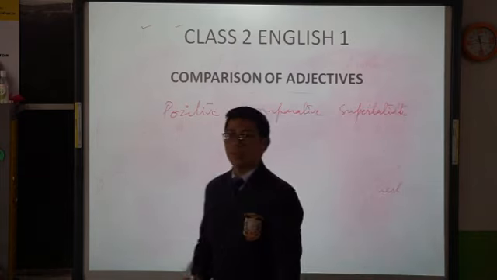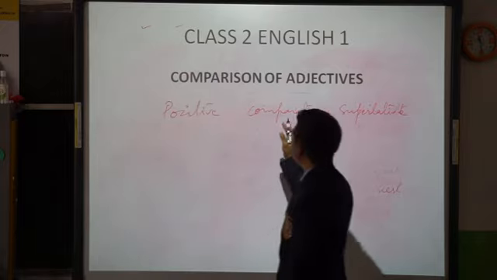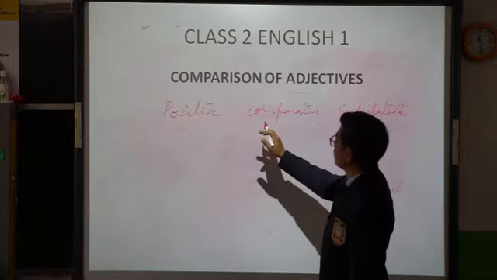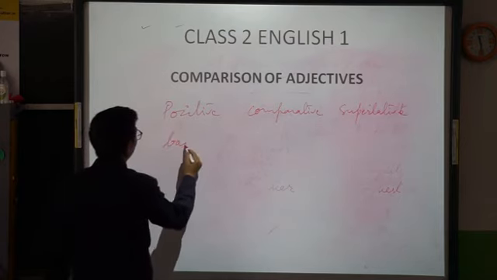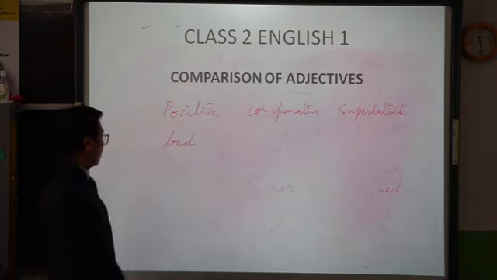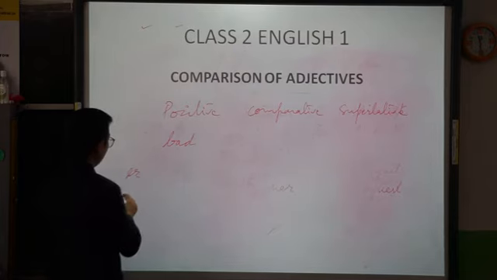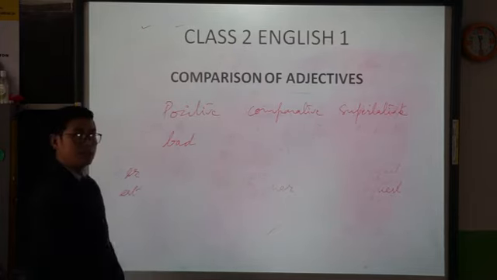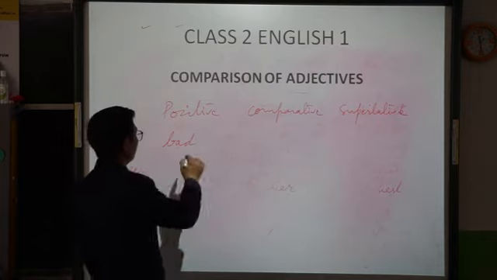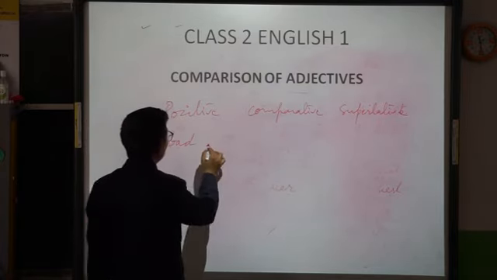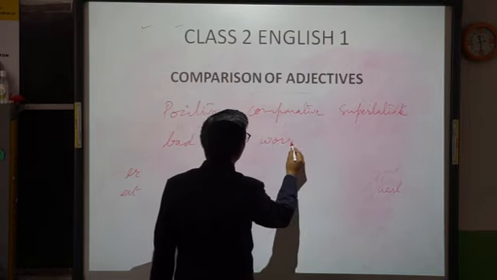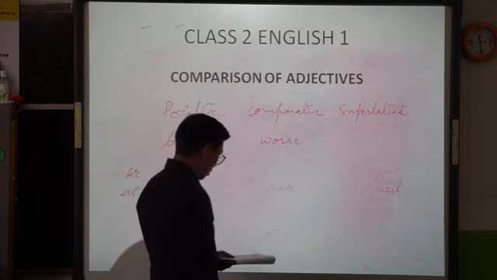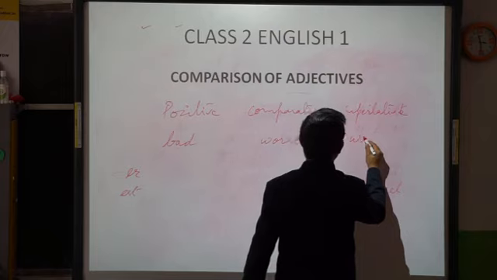There are some words which are completely different when you compare these adjectives. For example, if I write the word positive, bad, you cannot add er and est to show its comparison. So it is completely different. So bad, comparative will be worse, isn't it? And superlative will be worst.